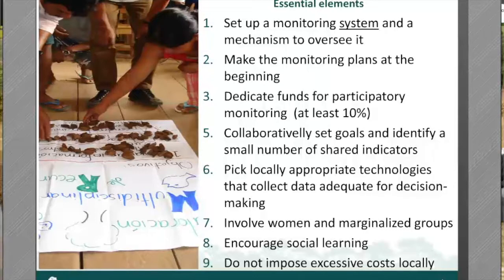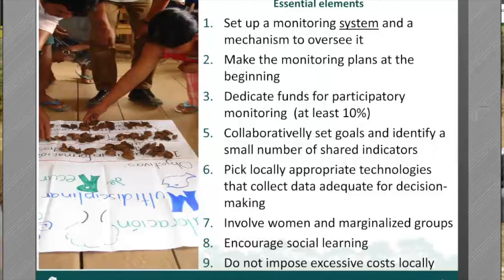Dedicate funds for participatory monitoring, and that's a very rough ballpark figure, roughly 10% of the total budget. Set goals in a collaborative fashion and identify a small number of shared indicators. Shared meaning that can be locally useful as well as nationally useful, and that's a challenge and it needs a lot of tinkering.